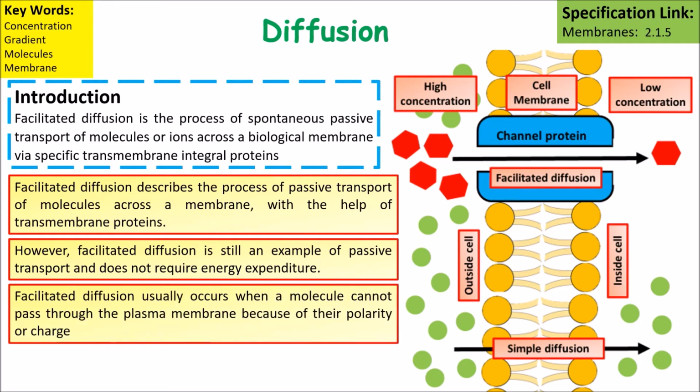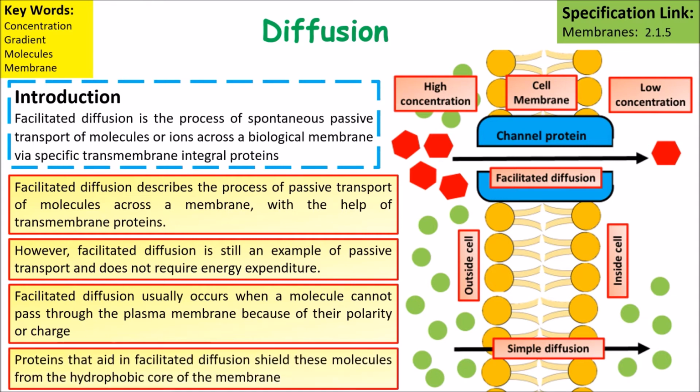Facilitated diffusion usually occurs when a molecule cannot pass through the plasma membrane because it's either too big or because of its polarity or charge. Proteins that aid in facilitated diffusion shield these molecules from the hydrophobic core of the phospholipids that make up the membrane.